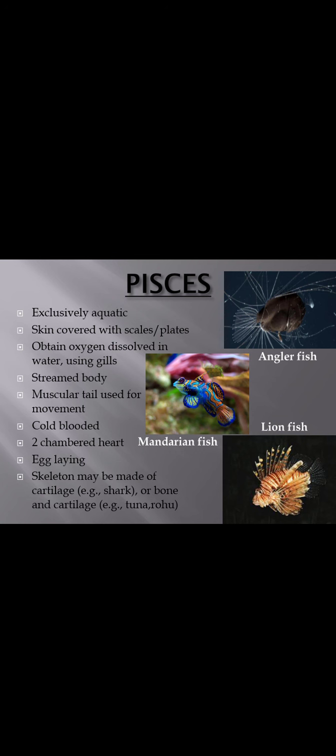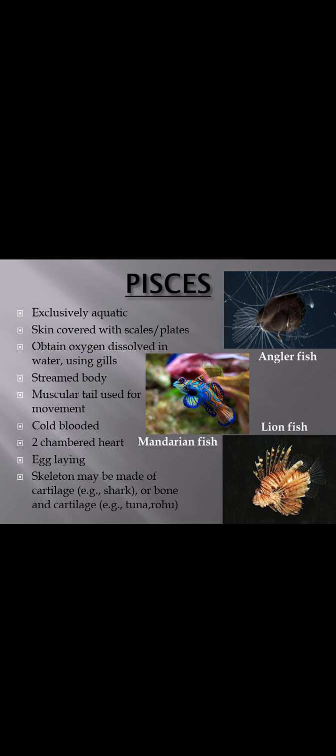One more point is, when you take a fish out of water, what happens? It dies because it can't directly utilize the oxygen present in the atmosphere. It lives in the water so that it makes use of the dissolved oxygen. That is why a fish cannot survive in the outside environment. It is called a cold-blooded animal. What do you mean by cold-blooded?